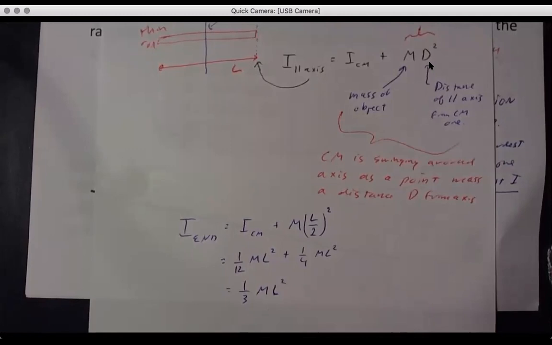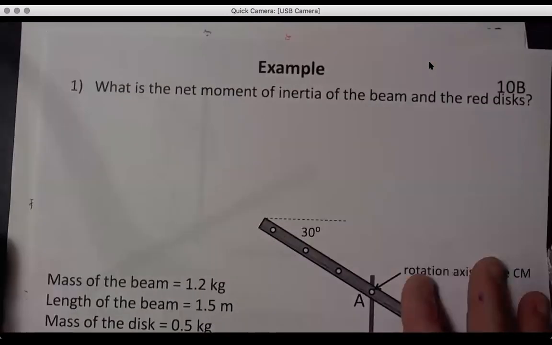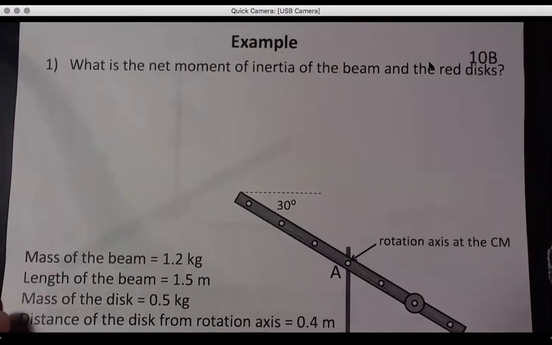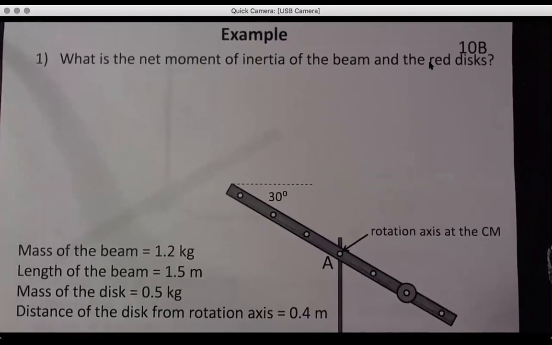Okay, next, let's calculate some other moments of inertia. There's a beam with a red disc. I used this in a demonstration, I think it was last time we met.